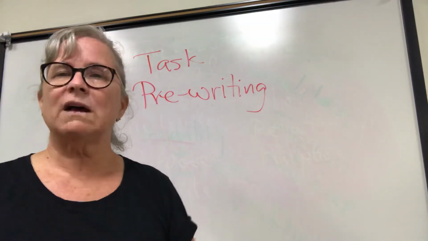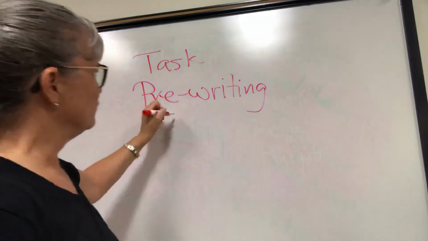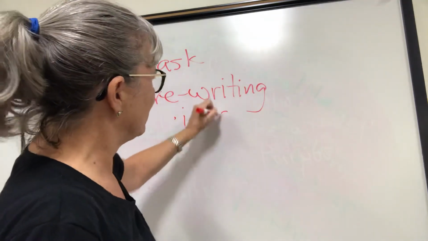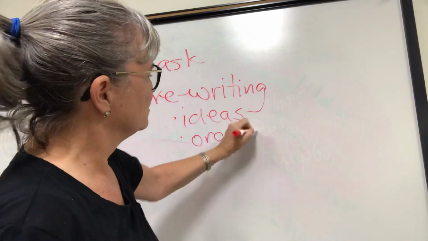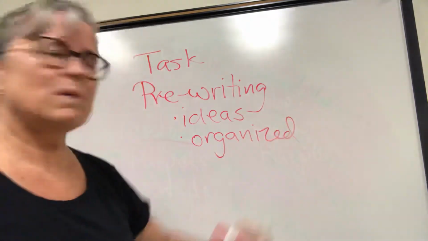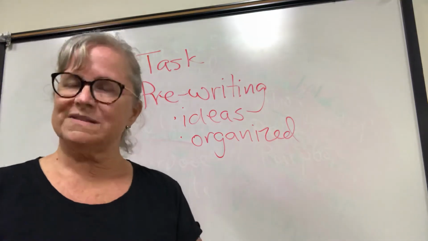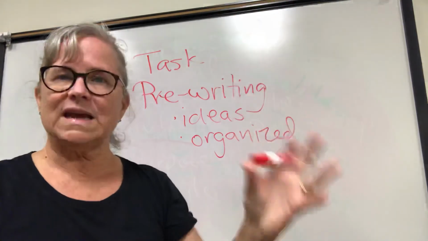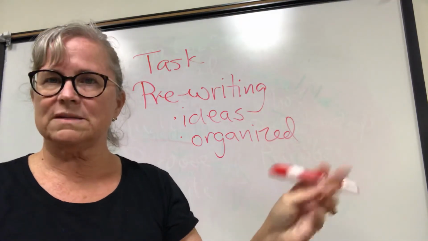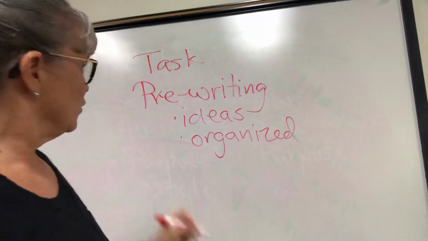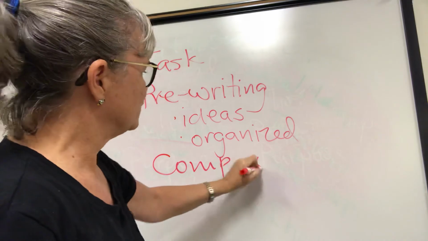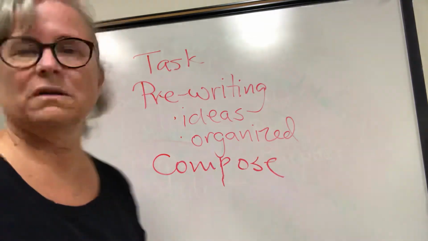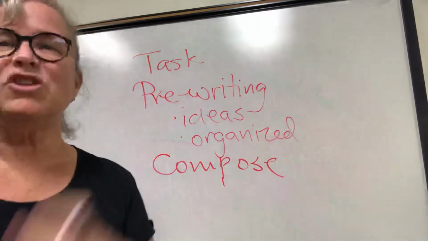Once you've gotten some ideas down, and then maybe you've organized those so you have some sense of what it is you have to say, and it's starting to take some shape, right? And then you get a draft down on paper, right? You compose, or you get it down on the computer. But you form a draft.